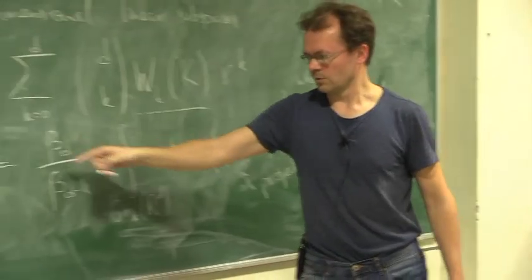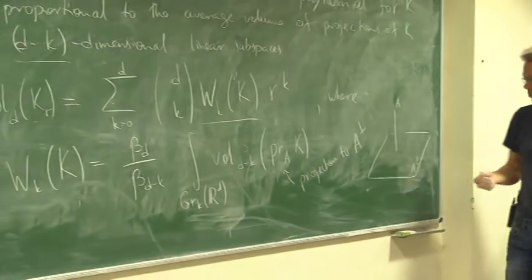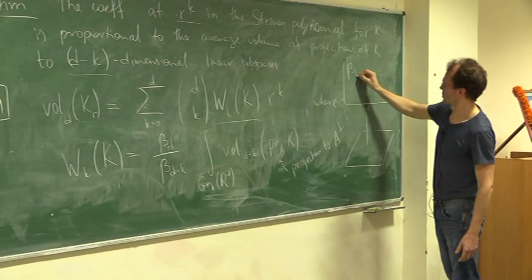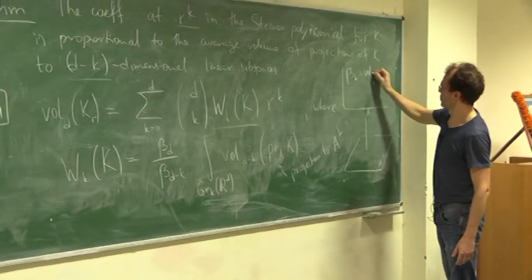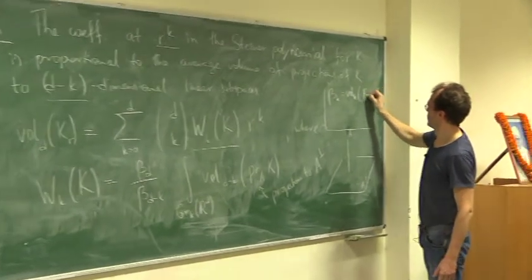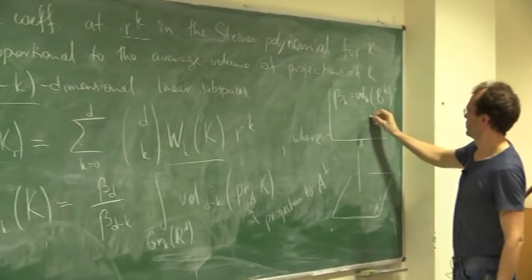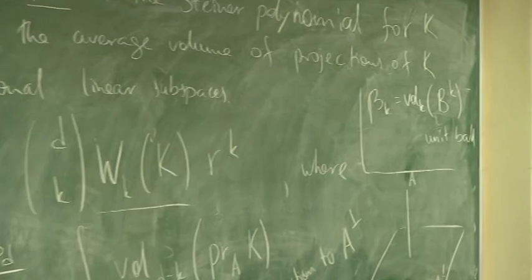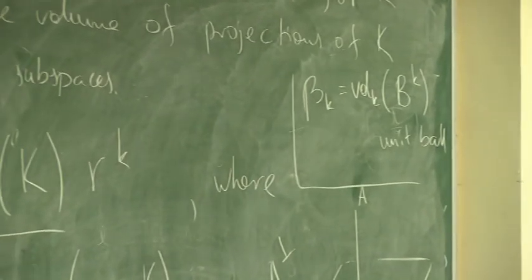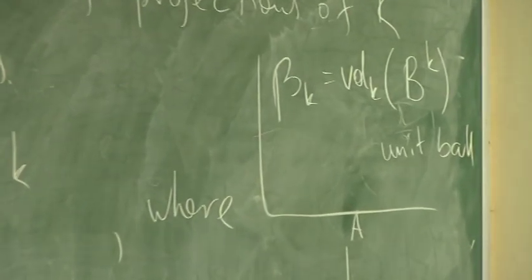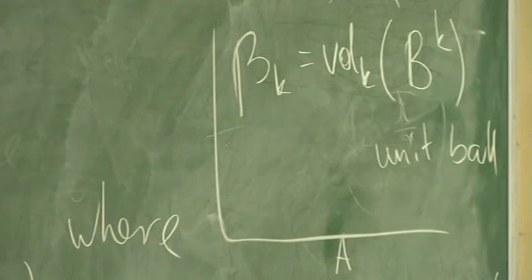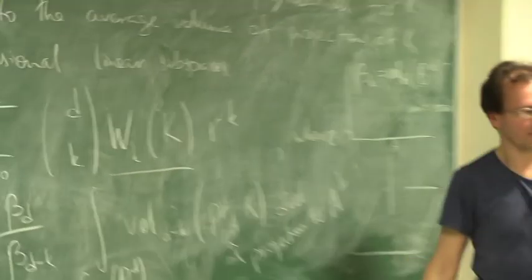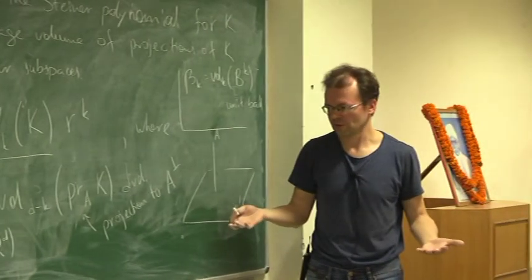Beta k is the volume of the unit ball of dimension k. Of course, here the integration goes with respect to some measure on the Grassmannian, and that is a very natural measure.